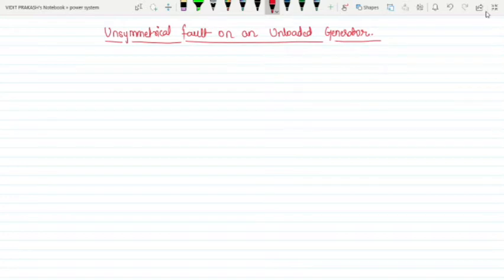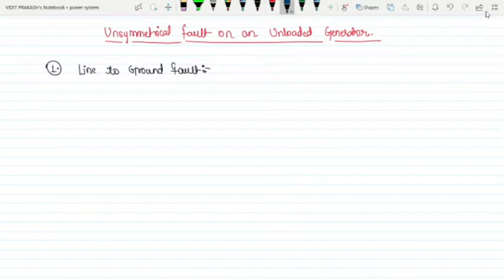Okay, so what are the unsymmetrical faults we have seen? First is line to ground fault. Okay, line to ground fault.